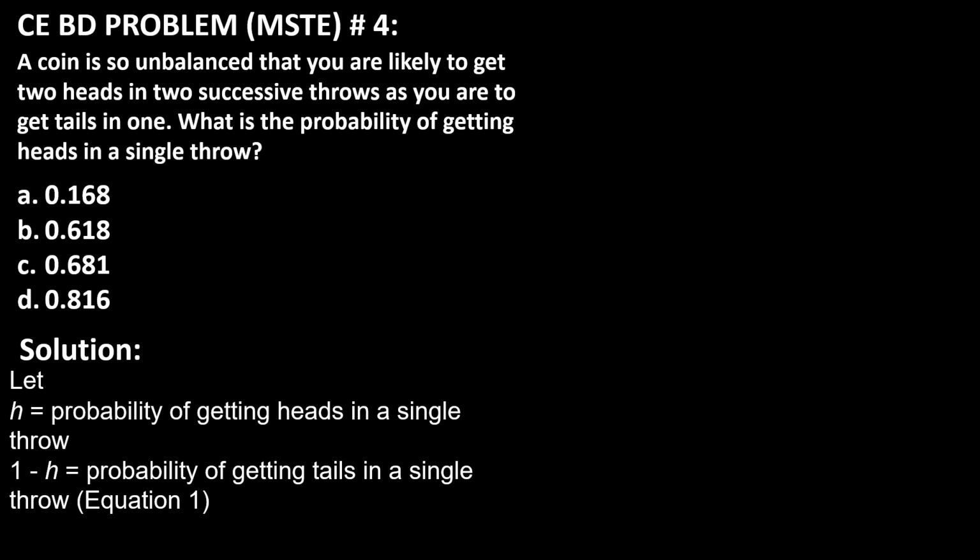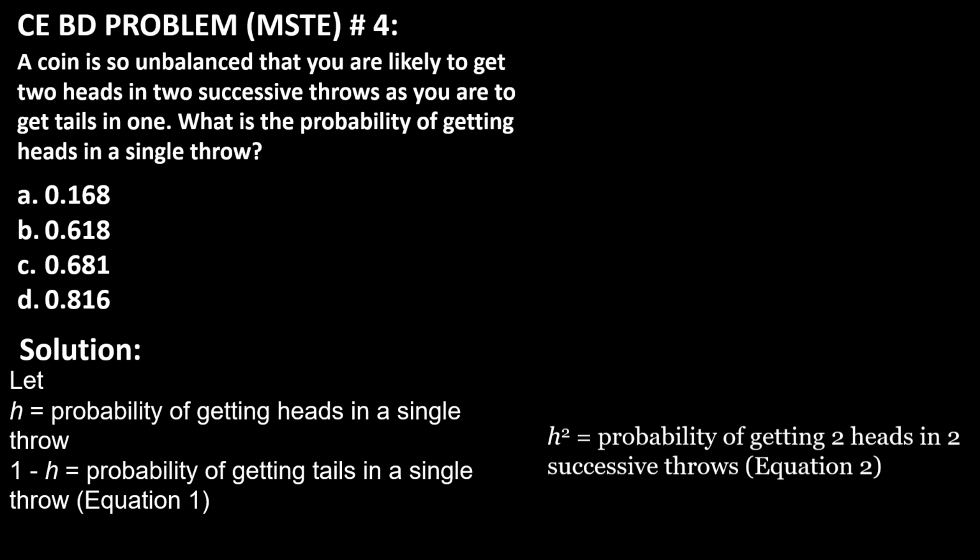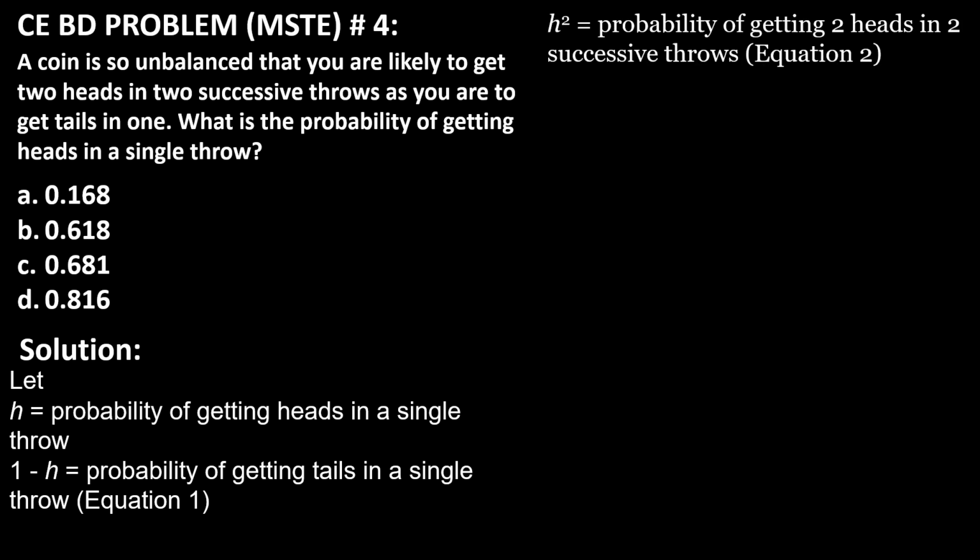Equation 1 again is 1 minus h. For the next step, let us also assume that h squared is equal to the probability of getting two heads in two successive throws, and let this be our equation 2. Again, equation 2 is equal to h squared.